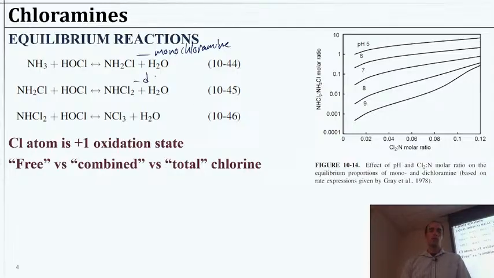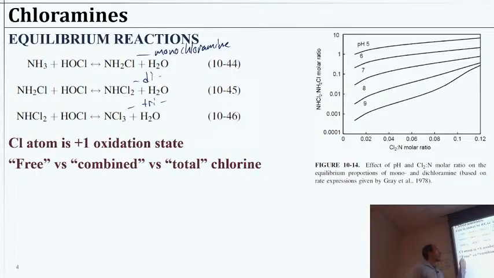And if you look at this, that is an NHCl2. So we've taken the ammonia, the amine, so to speak, and substituted 2 chlorines, and then we would have dichloramine in equilibrium with trichloramine.